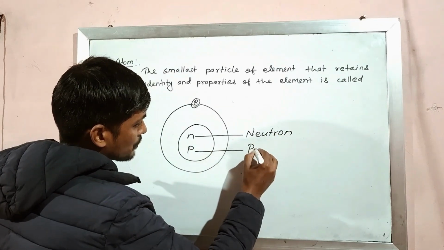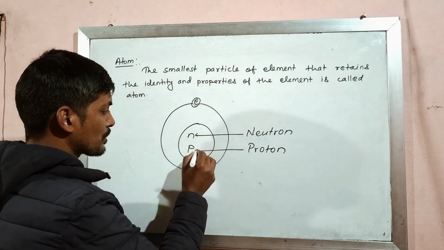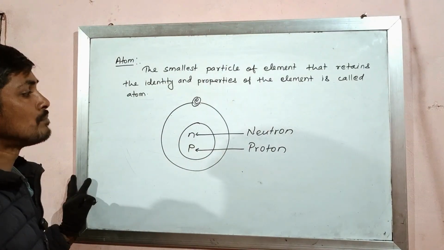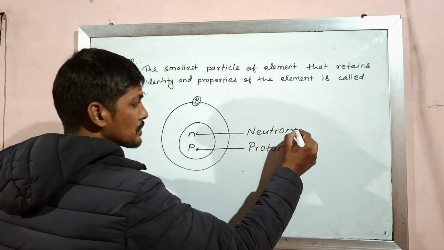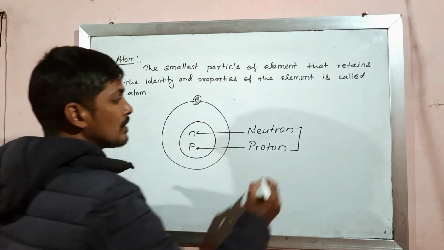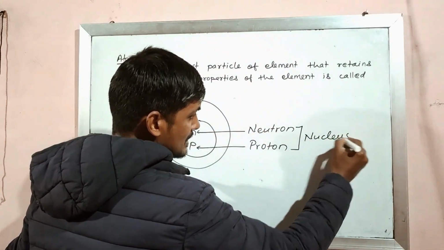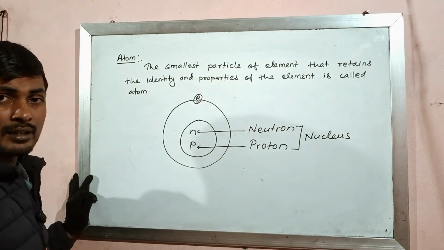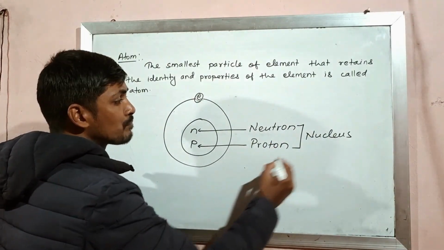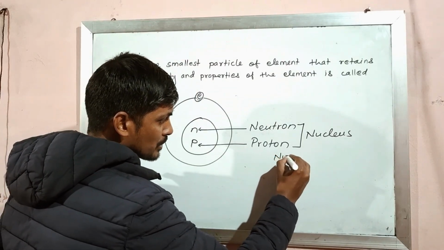P represents proton. These neutron and proton are located in the central part of the atom collectively. So, these neutron and proton are together known as nucleus. Since they are known as nucleus, we can also call them nucleons. Neutron and protons are also known as nucleons.